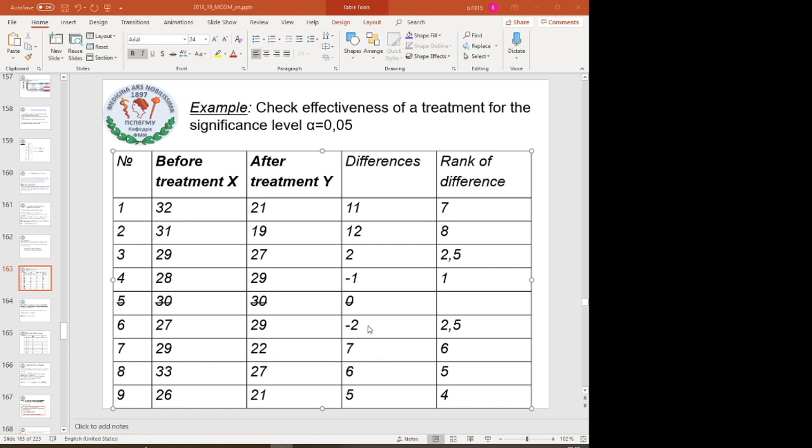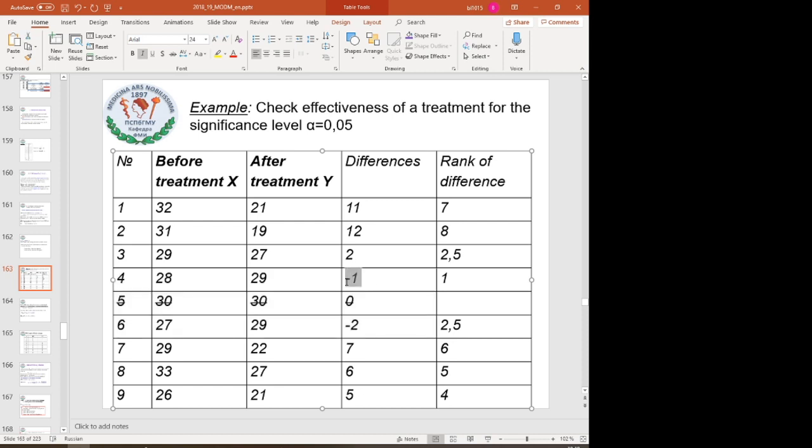So was the treatment effective? For the first two patients, probably yes. For the last three, also yes, but not with the same effectiveness. And for patients number 4, 5, and 6, the treatment was not effective, maybe some even got a negative effect.